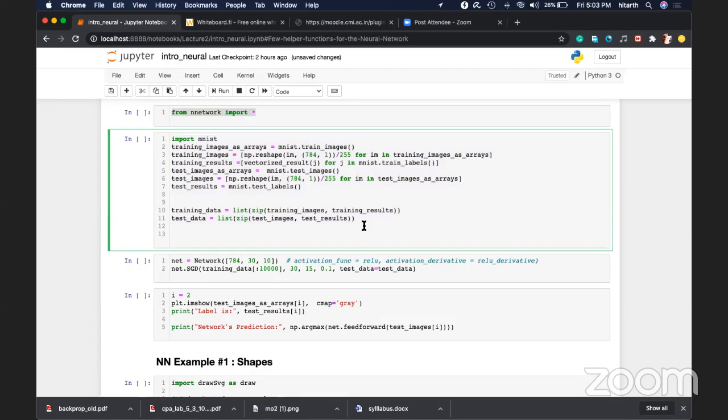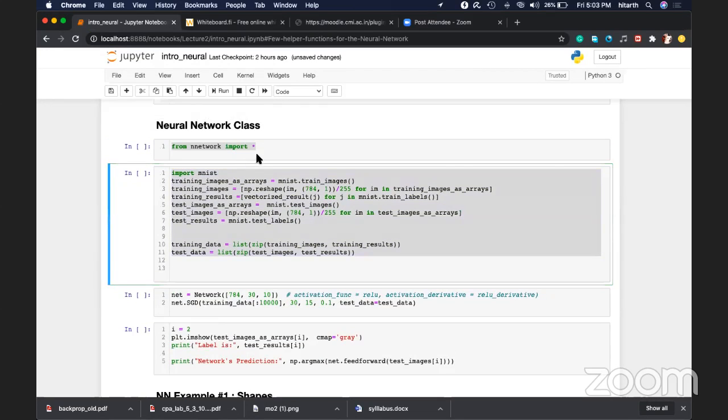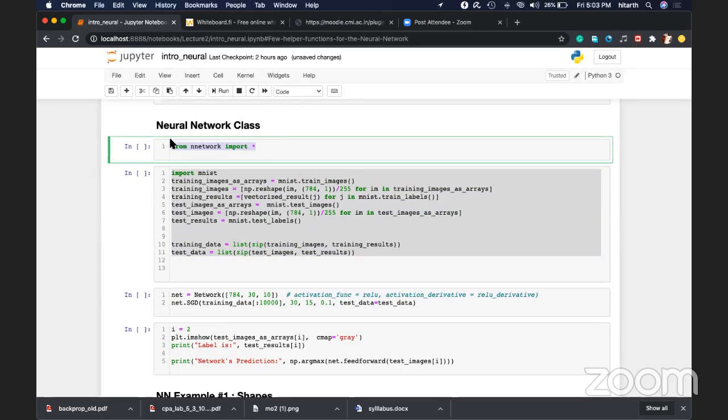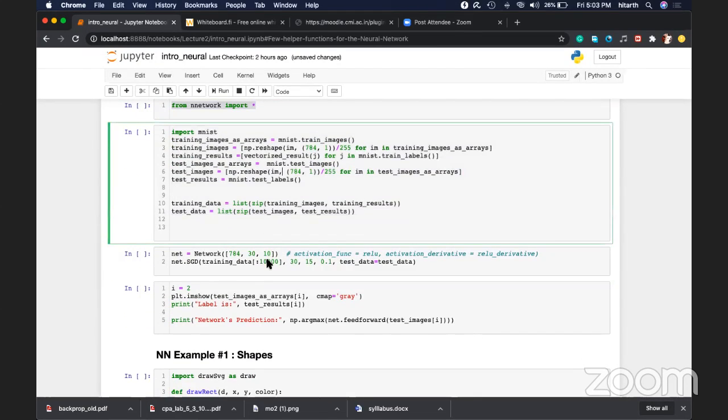notebook with you. This code is available to you. I have hidden the network code in this file, which I will not be giving to you. I will put the stub code here, and then you can fill all that up. Let's see this. Here there's something called MNIST, which is basically handwritten digits data, and there is some function that you can figure out on your own what it is doing. Basically, you reshape your images into vector form.